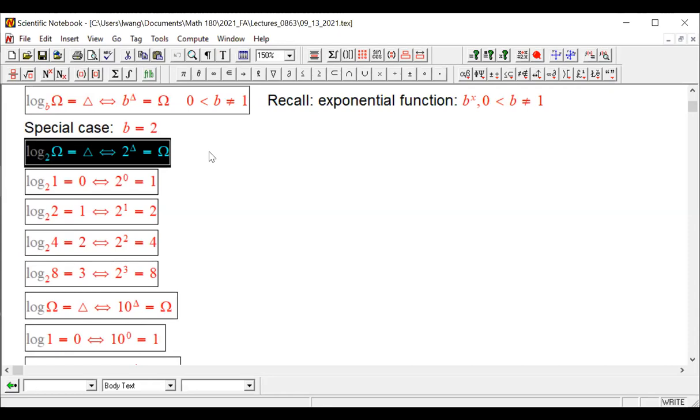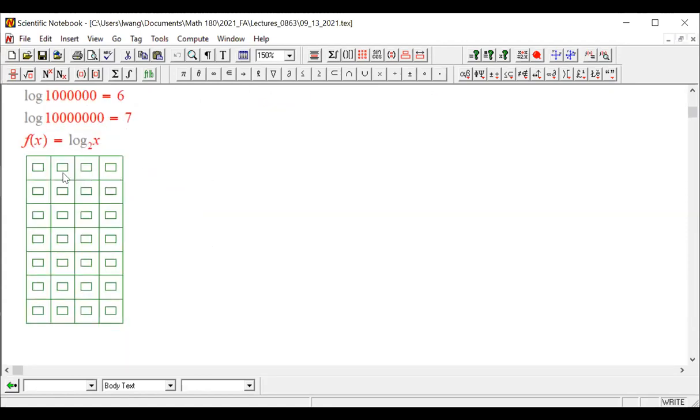Do you guys see that? The rule is a little bit more complicated. Now recall the definition of function. A function is a rule. And this is the new rule.